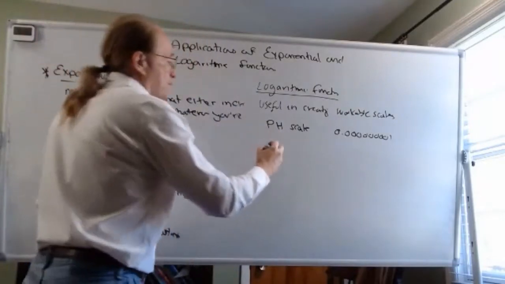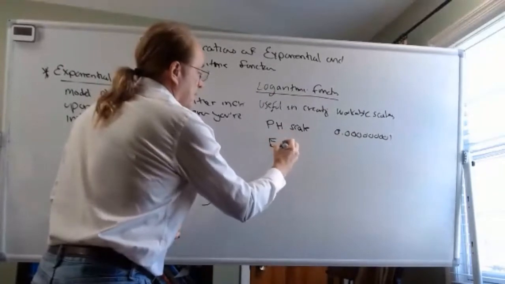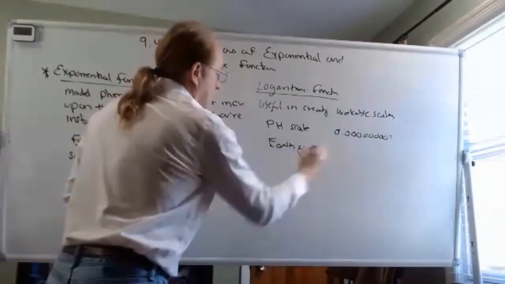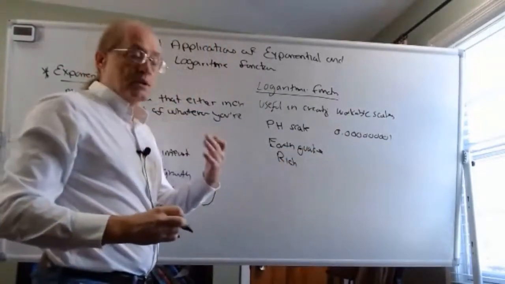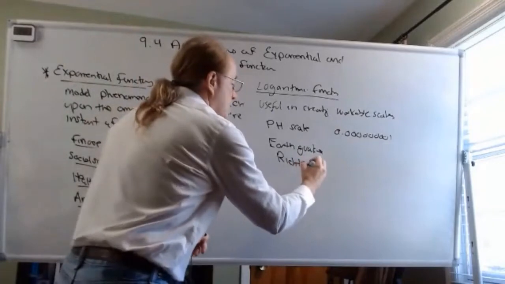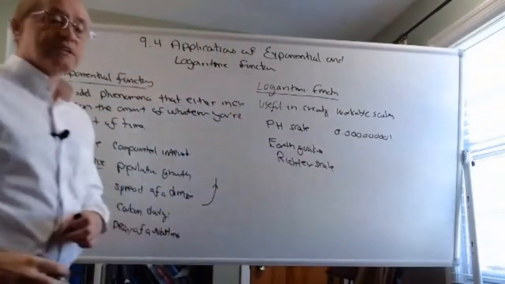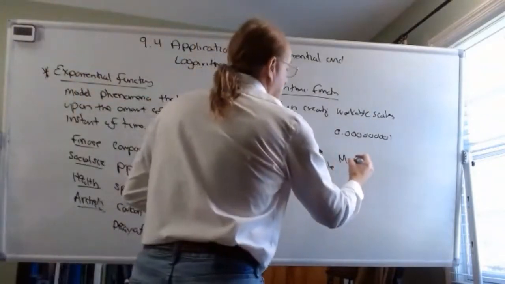Another application is with earthquakes. We're going to look at the most basic, the first fundamental one that was created, the Richter scale, although now there are others that deal with that. So the earthquake and the Richter scale give you the magnitude of an earthquake.